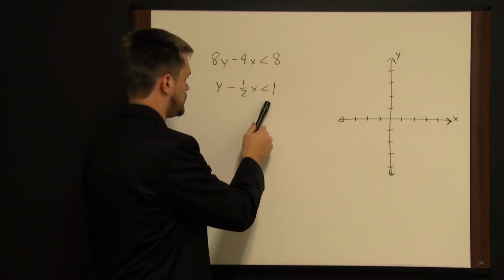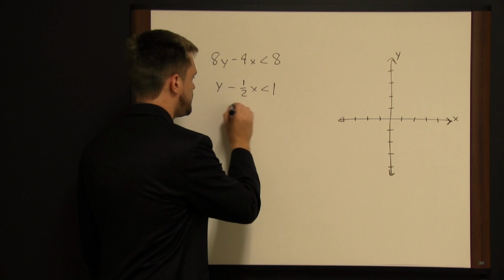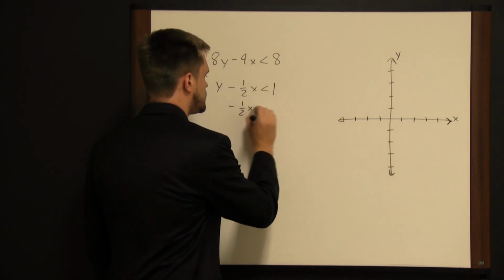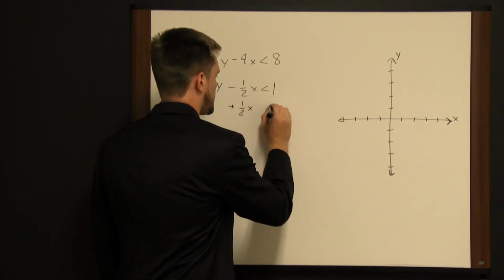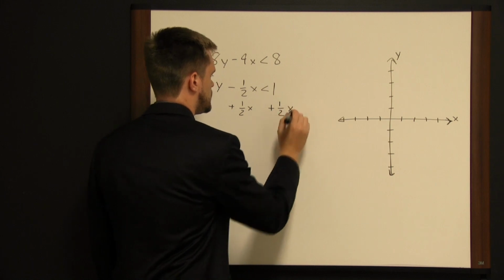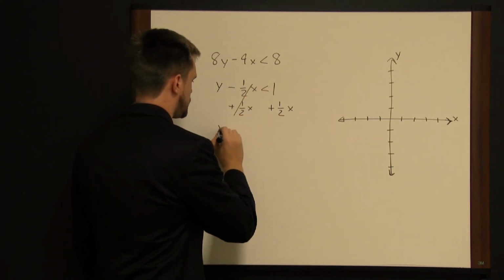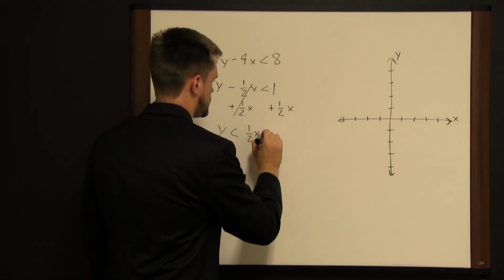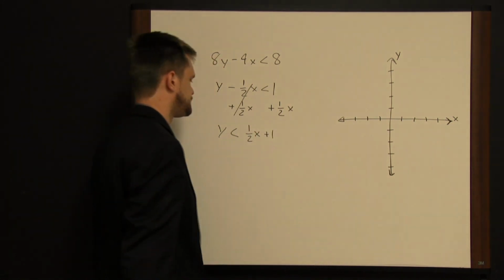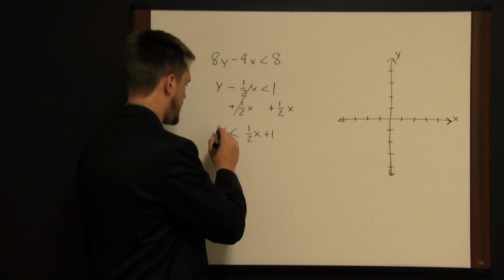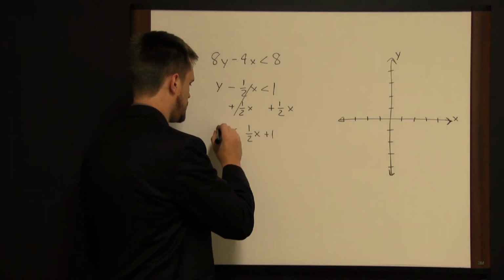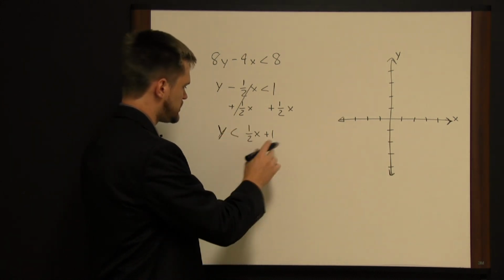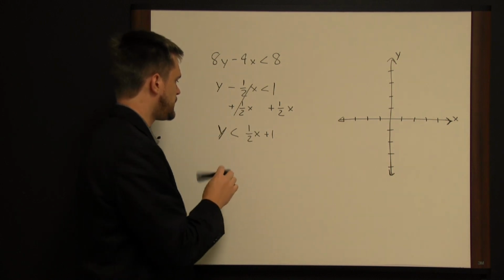And then we'll isolate the y by adding 1/2 x to both sides. And that gives us y is less than 1/2 x plus 1. So now we have our inequality essentially in slope-intercept format.